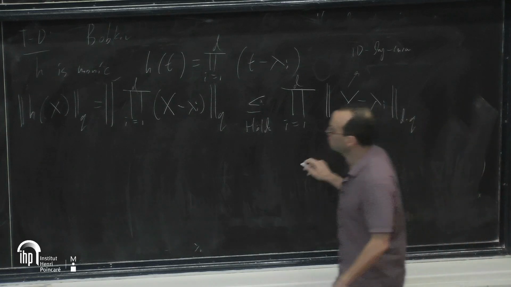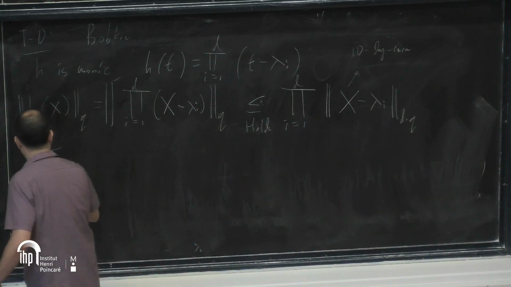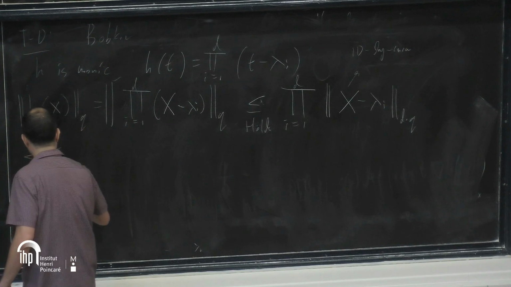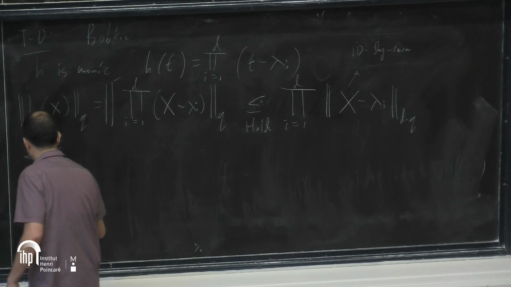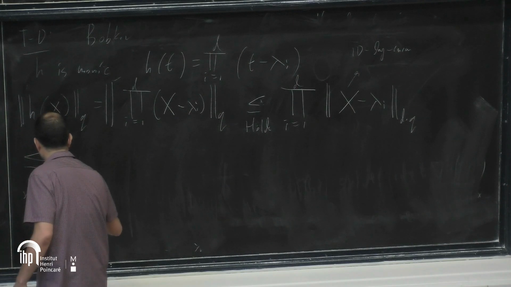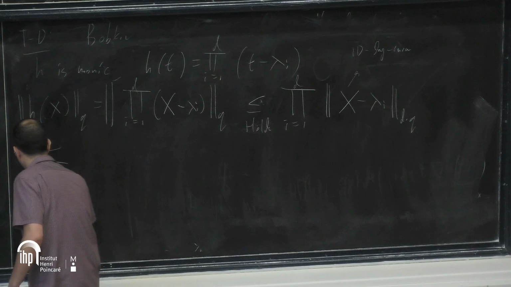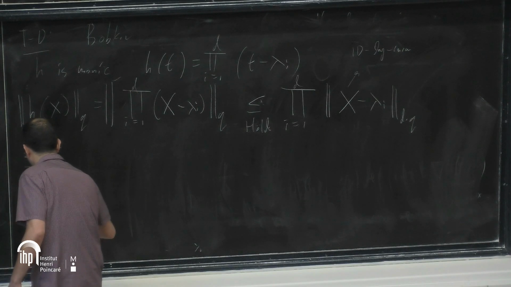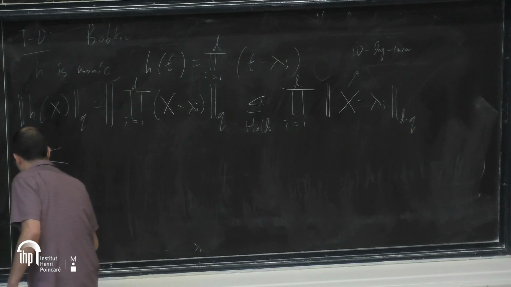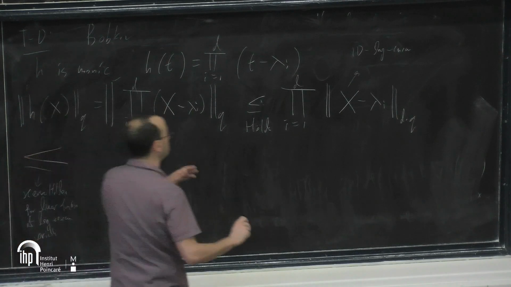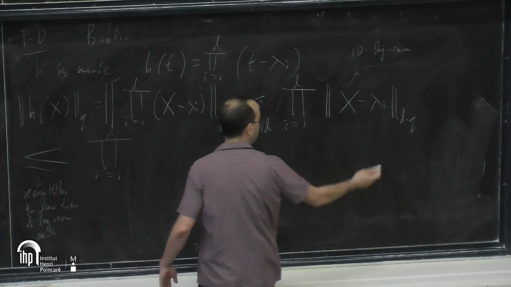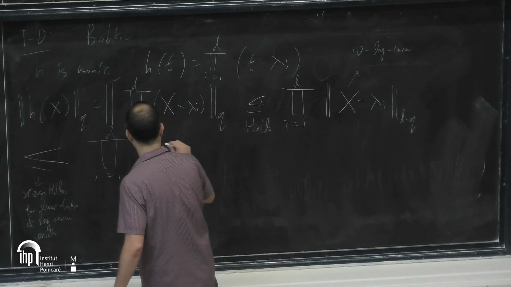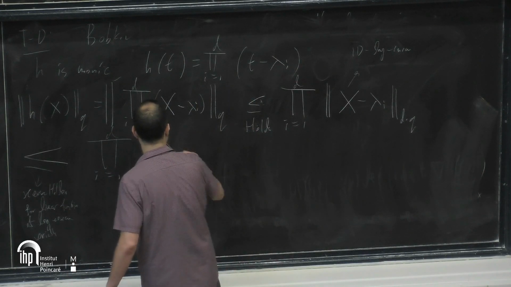And therefore, by reverse Hölder from yesterday, for linear functions of a log-concave random vector, we can replace it by the p norm, by the zero norm even.